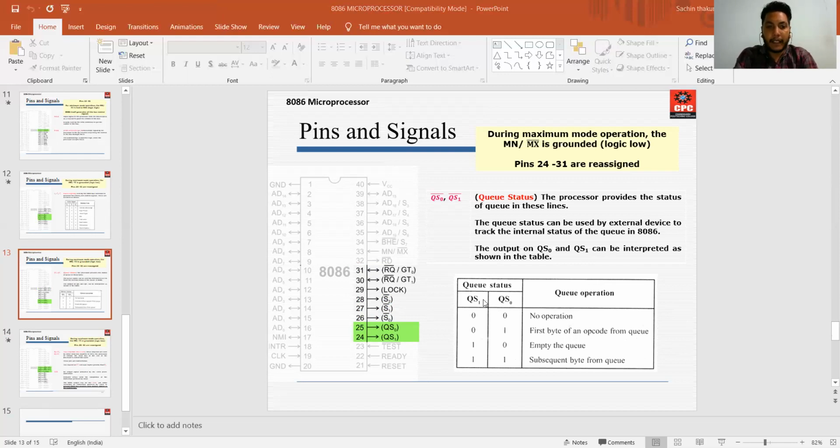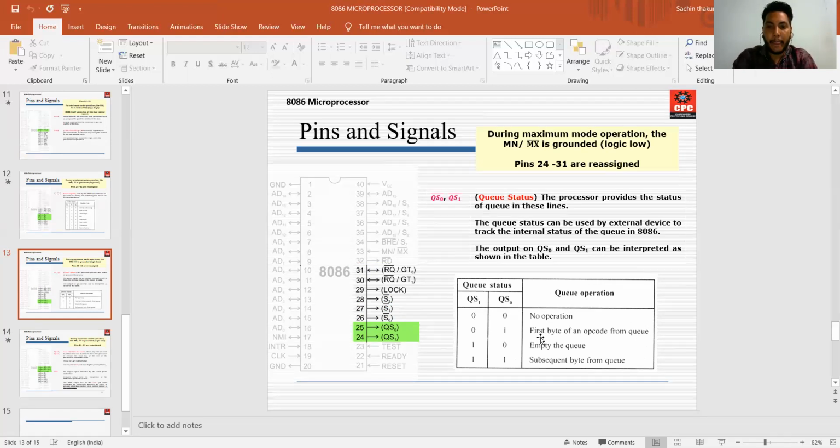If both QS1 and QS0 are at logic 0, that means there is no operation. In the queue there is no instruction. If QS1 is at logic 0 and QS0 is at logic 1, it means first byte of an opcode from the queue.